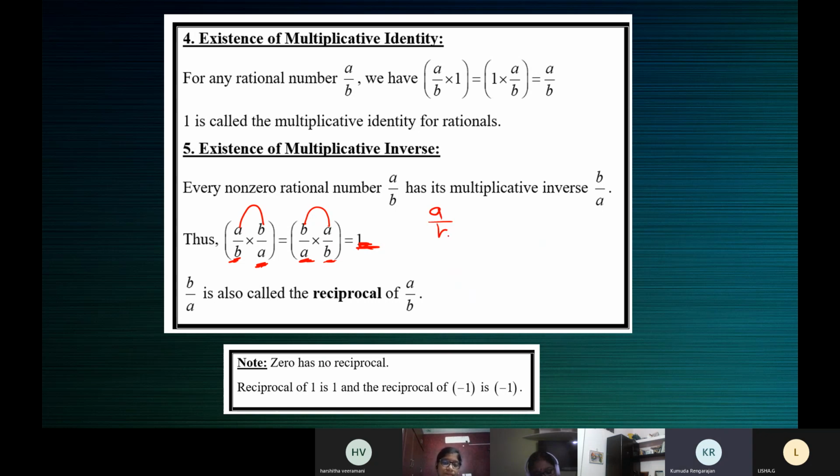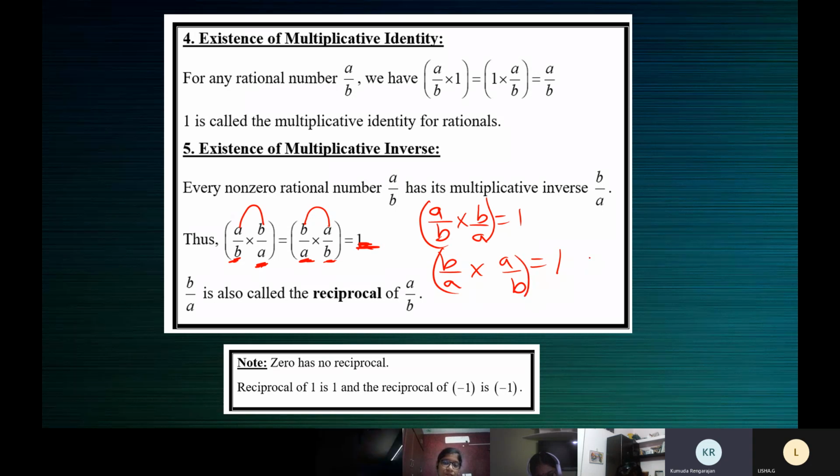If A by B is a rational number, its reciprocal is B by A. The product is 1. If B by A is a rational number, its reciprocal is A by B and the product is 1. So these two written together, this one is equal to this one is equal to 1.